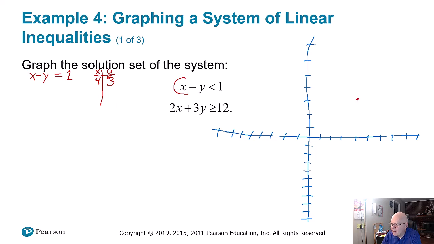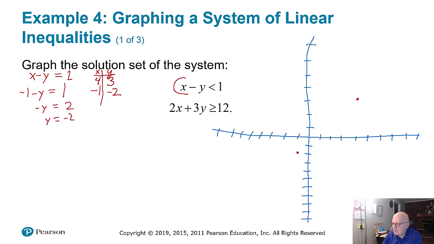Second, let's pick another one. Let's pick a -1 there. So we'll have -1 minus y equals 1, minus y equals 2, y equals -2. So -1, -2 is another point.